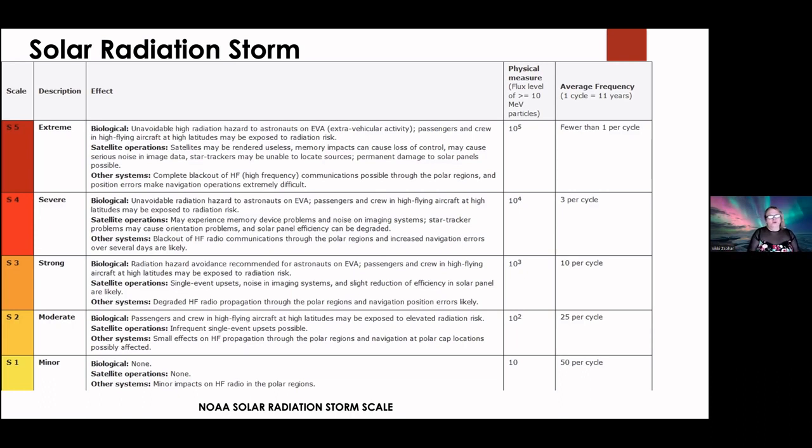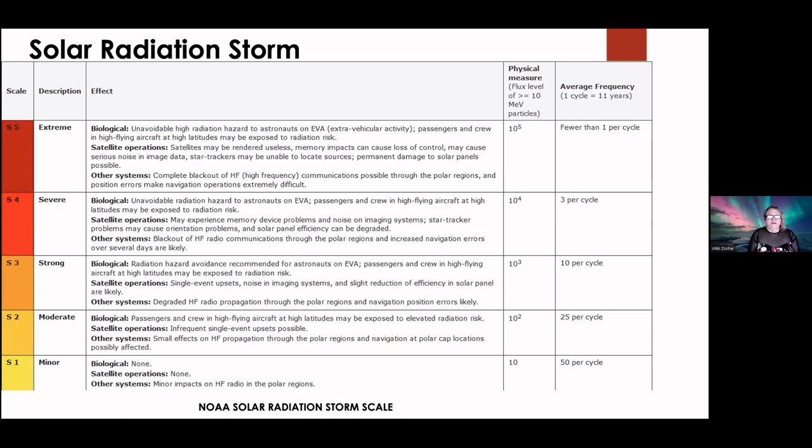That's how fast those particles are, and they can cause extreme problems. How extreme? Let's see, S5: biological, unavoidable high radiation hazard to astronauts on extravehicular activity. I think there's a spacewalk. Passengers and crew in high-flying aircraft at high latitudes may be exposed to radiation risk. Satellites may be rendered useless.